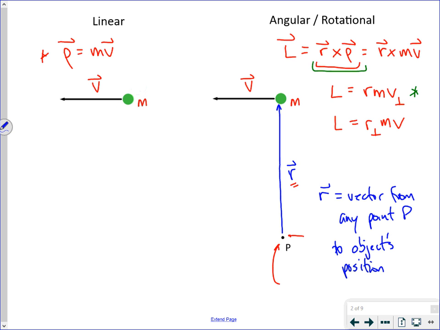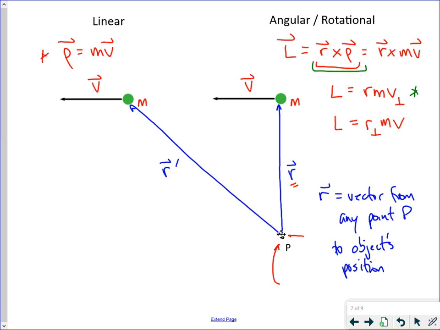Now there's some new vector, r prime, right? But this object has just kept going in a straight line.